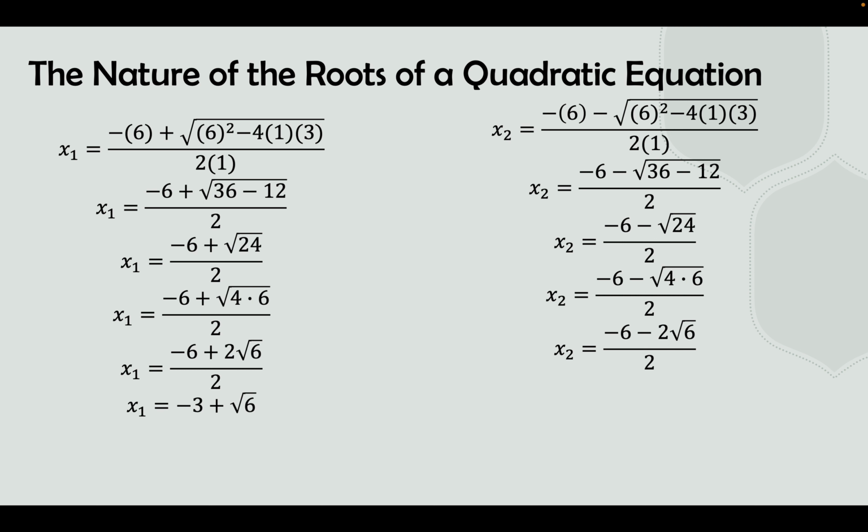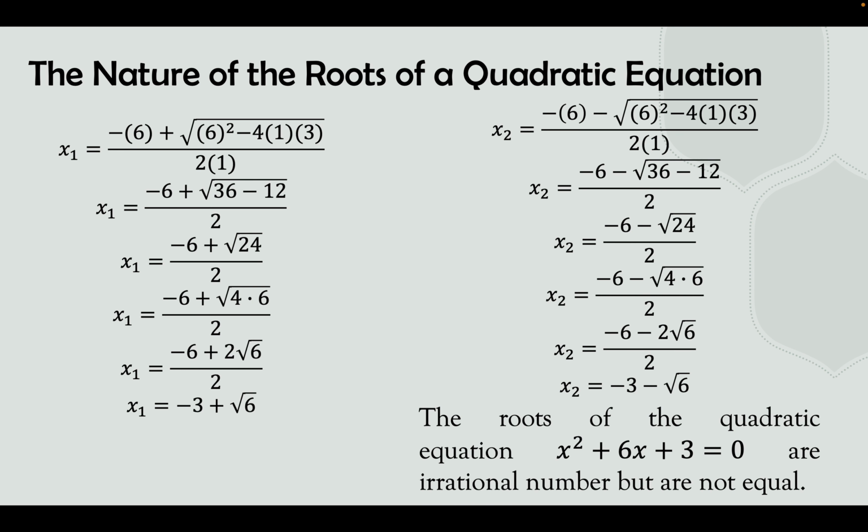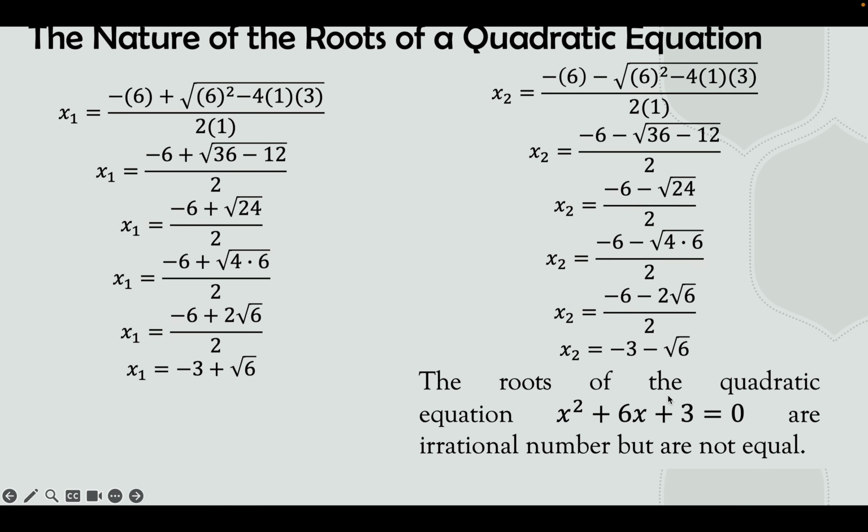So we have negative 6 minus 2 square root of 6 over 2. So we have now negative 3 minus square root of 6. So the roots of the quadratic equation x squared plus 6x plus 3 equals 0 are irrational numbers but are not equal. So we have negative 3 plus square root of 6 and negative 3 minus square root of 6.